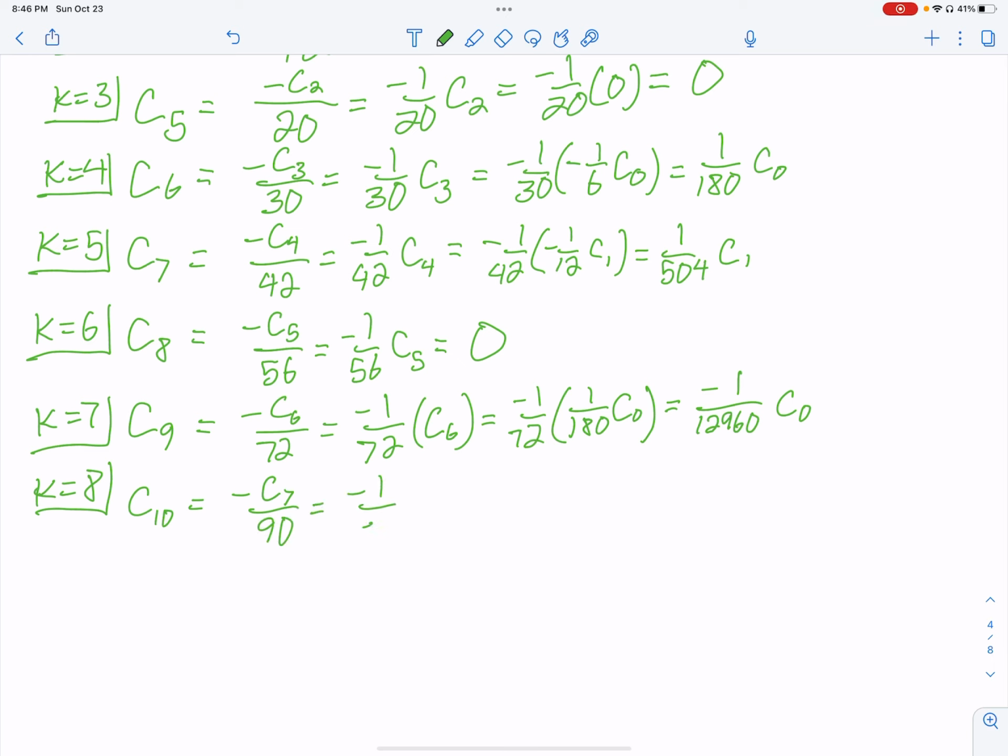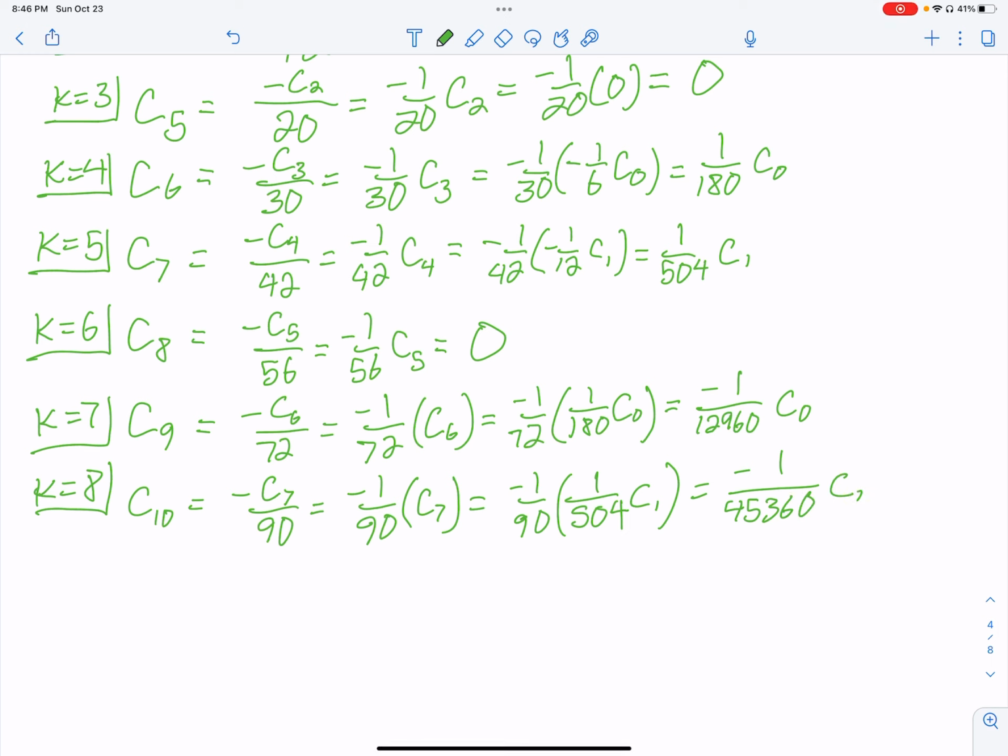That's negative 1 over 90 times c_7, and c_7 is 1 over 504 c_1. And that is negative 1 over 45360 c_1. Now I have 3 c_0s and 3 c_1s. All right, so now we are going to actually write our answer.